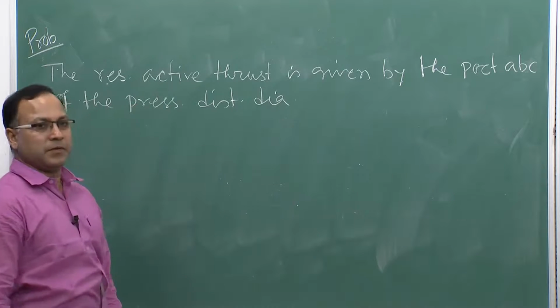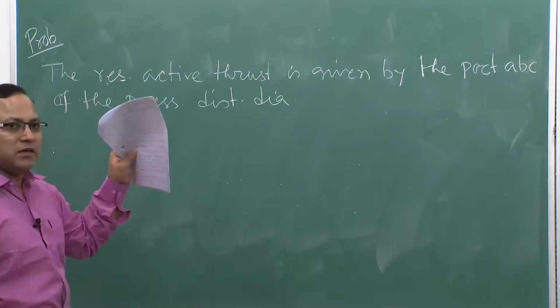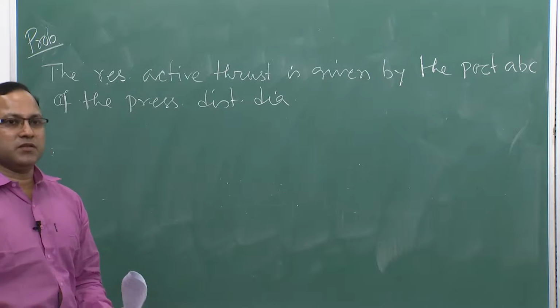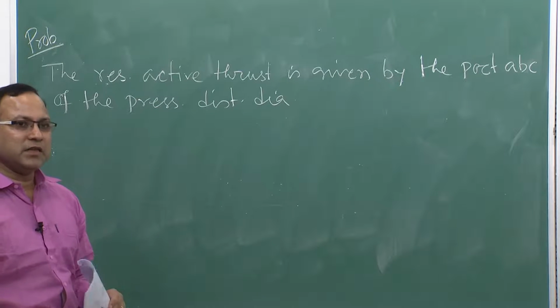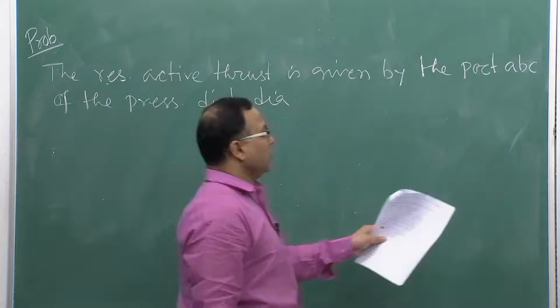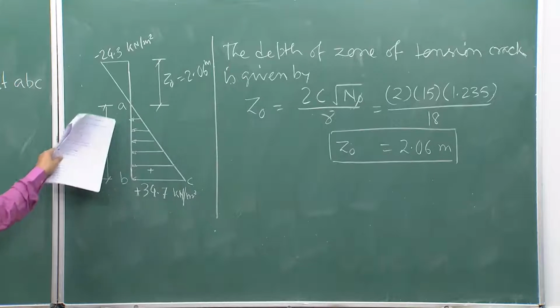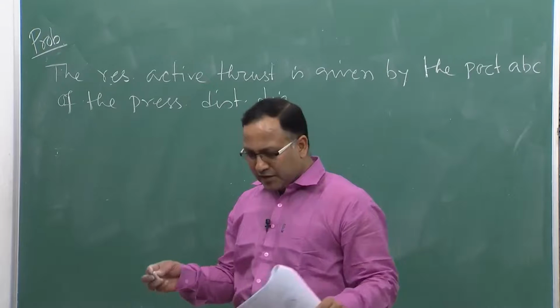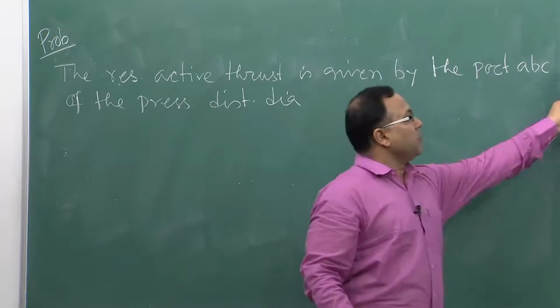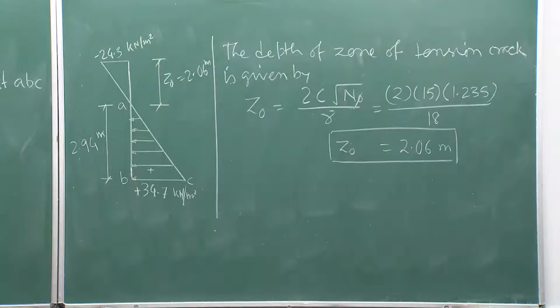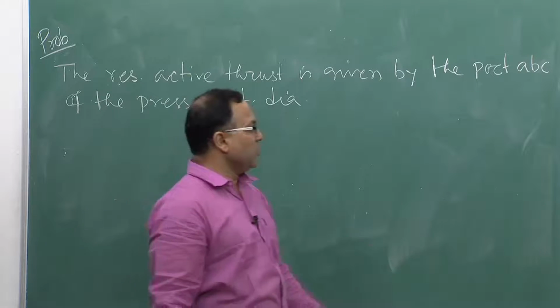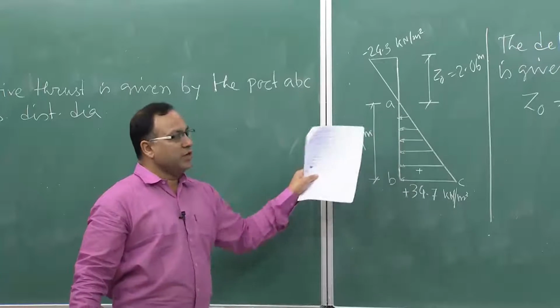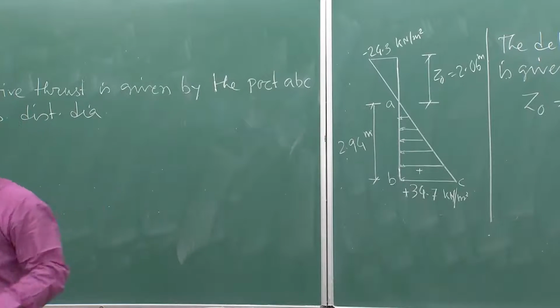That is the total resultant active thrust which is acting on the wall. If we have the tension crack, then this part will be completely ignored.